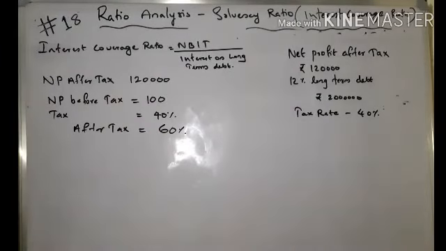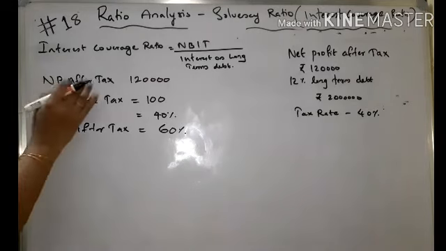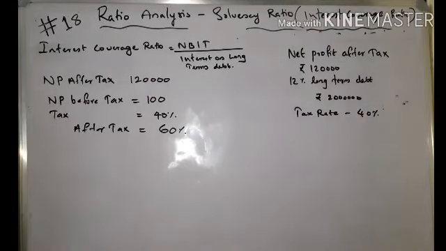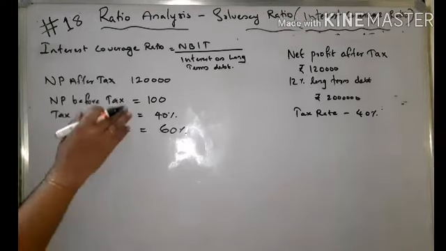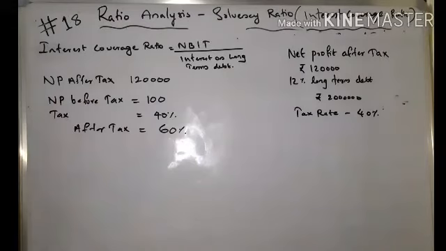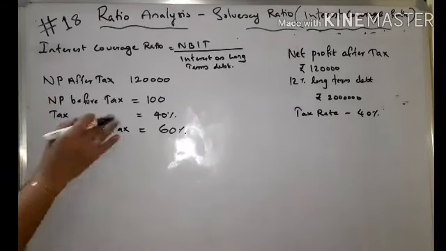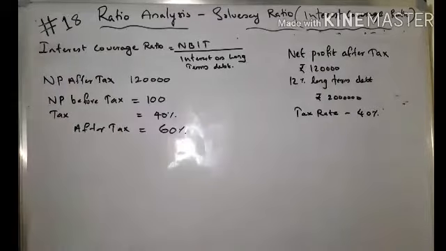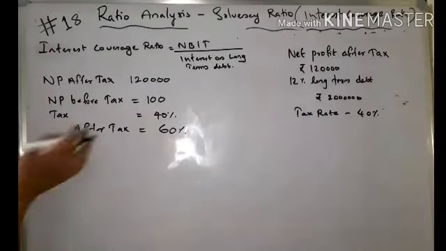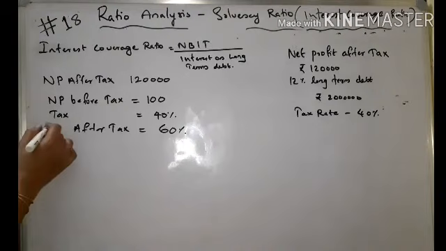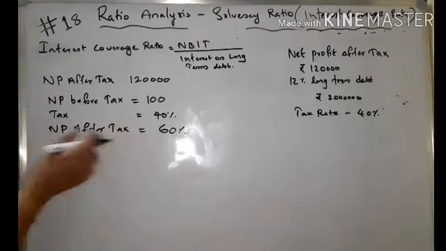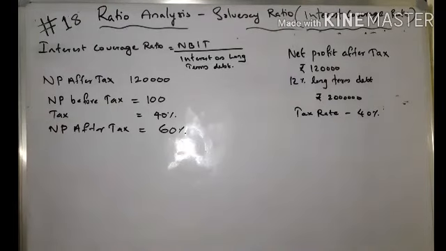I hope you understood. Net profit after tax given is 1,20,000, but we need net profit before interest and tax. So assume net profit before tax is 100 and tax rate is 40%, so the net profit after tax is equal to 60%.